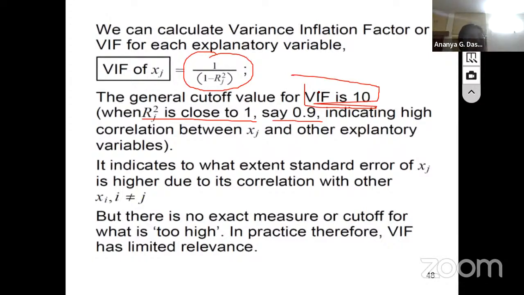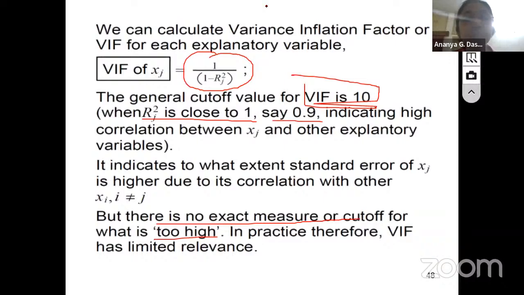So remember, with multicollinearity, as long as it's not perfect, the OLS estimators are BLUE. They're unbiased, they're best, and all of that. So there is really no problem. Basically, there is really no exact measure or cutoff for what is too high. So in practice, VIF, the variance inflation factor, is not a very relevant measure, but it's there and one should know what it is.